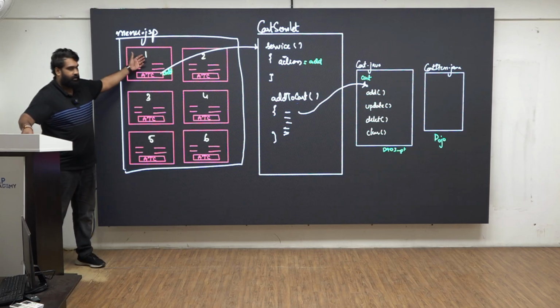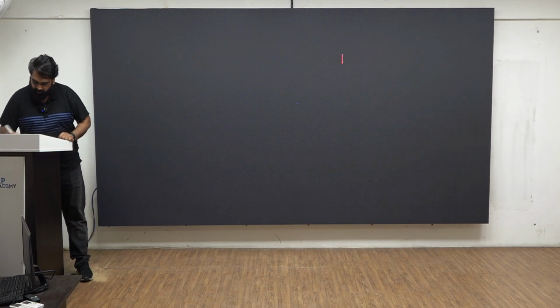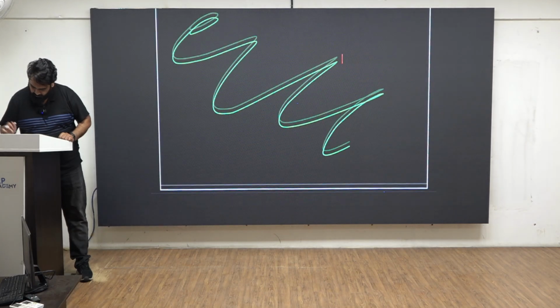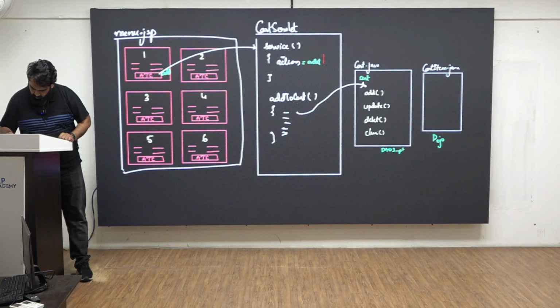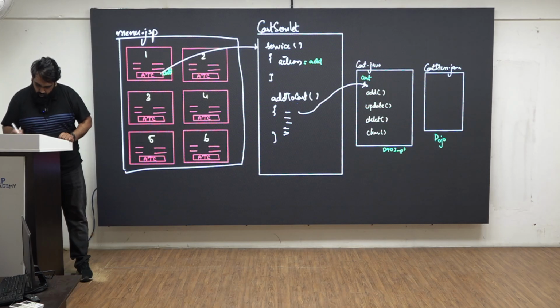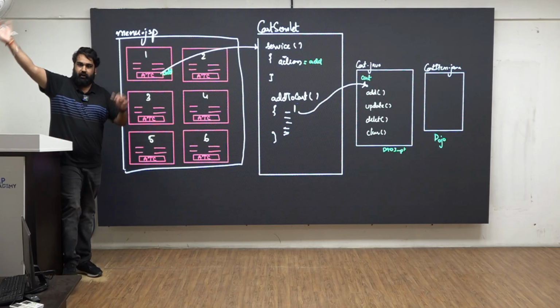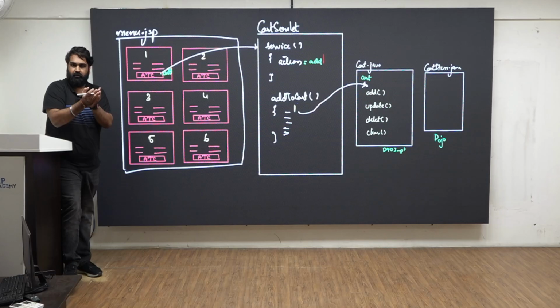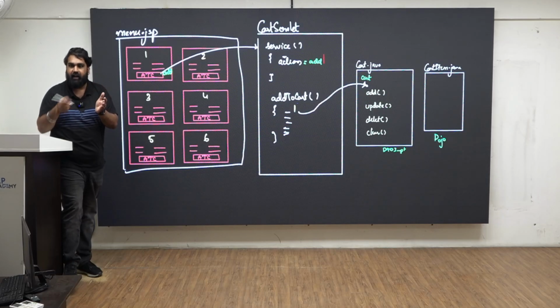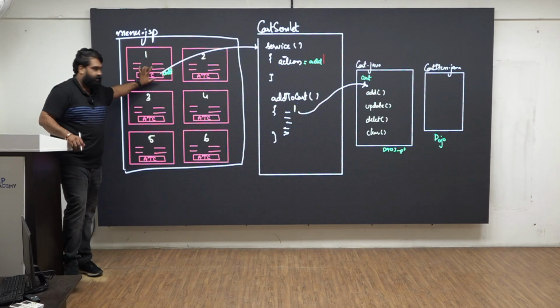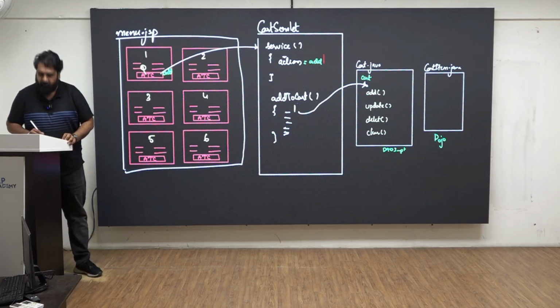He will collect the menu ID. Menu ID is 1, sir. So the menu ID it would have collected. Using the menu ID, it will get a menu item. Into that menu item, it will add a quantity. That quantity also it will add.